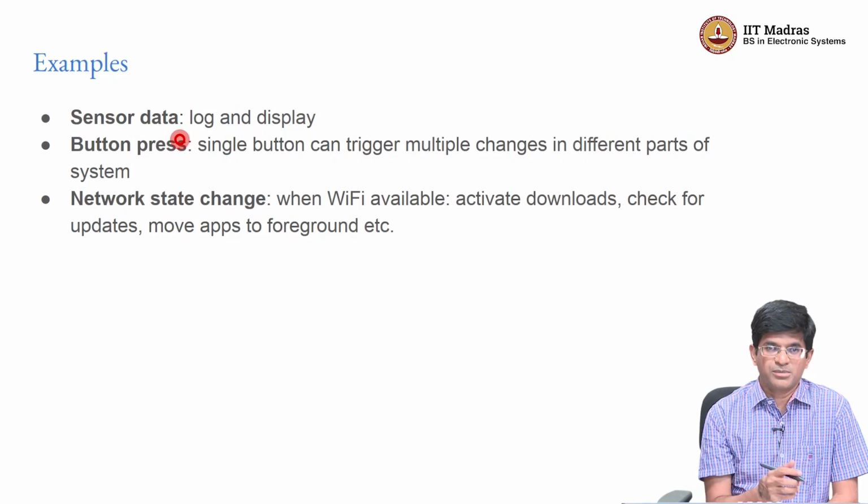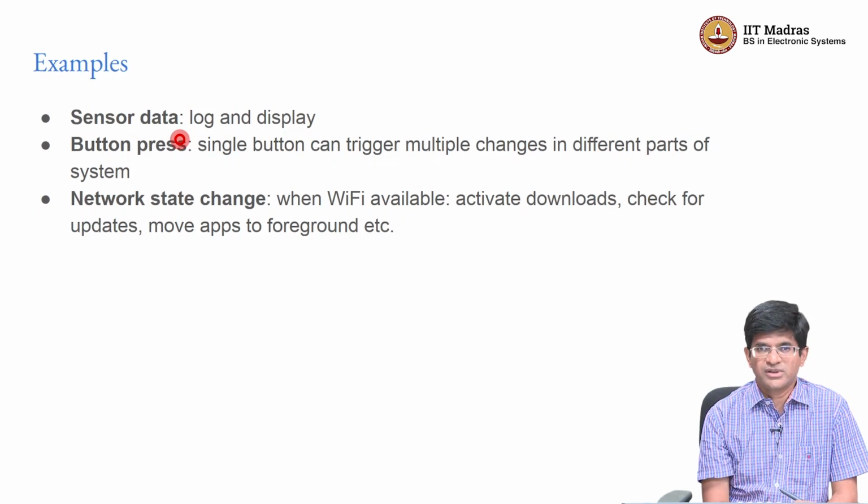You could have a button press that can trigger multiple changes in different parts of a system, or something that you are probably quite familiar with in the context of either a laptop or a phone. You might have some trigger events which say that you have now come within range of a Wi-Fi network that is known. So the system allows you, okay, now you are on Wi-Fi, you can start downloading the large downloads that you had paused while you were on the mobile data.